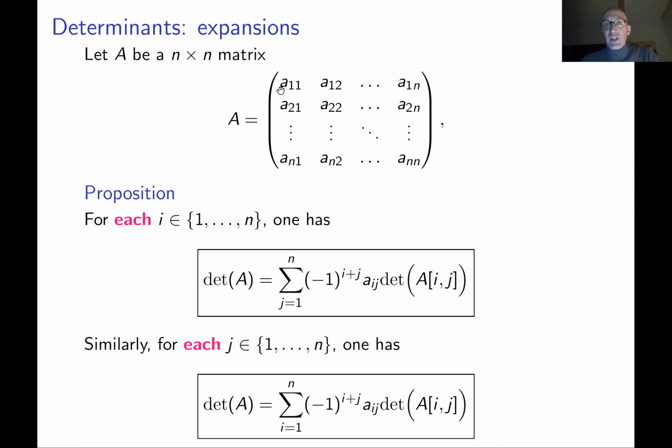You take a11, remove this row and this column, and multiply a11 by the determinant of the n-1 times n-1 matrix obtained from A by removing this row and this column. Then you subtract a21 times the determinant of the n-1 times n-1 matrix obtained from A by removing the second row and the first column, and so on.